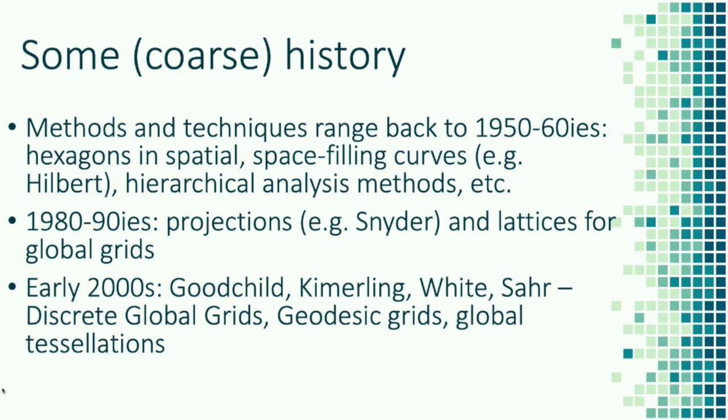There we have Snyder, the now well-known equal-area projection, and the lattices, how we do this slicing and dicing of the subdivisions. And then in the early 2000s, it became serious. We have a couple of papers, Goodchild, Kimerling, White, Kevin Sahr. The terms discrete global grids, geodesic grids, global grid systems appear around 2003 and 2005.